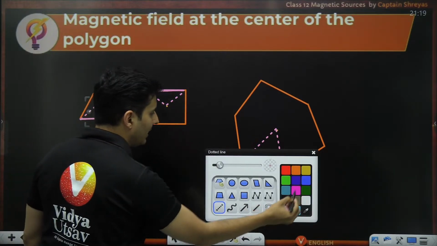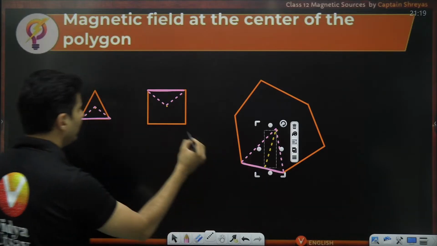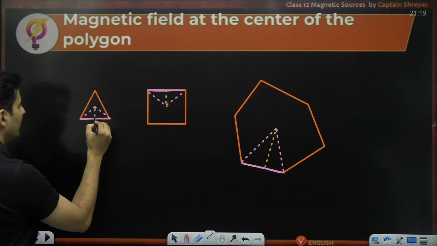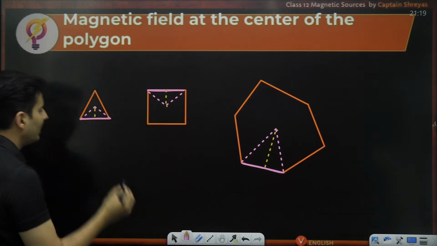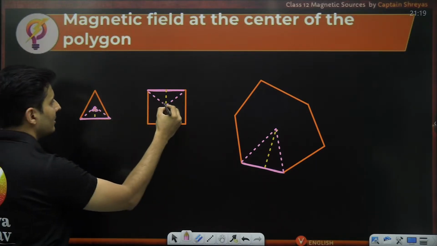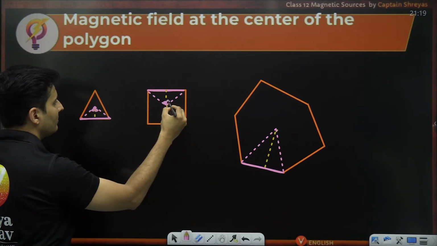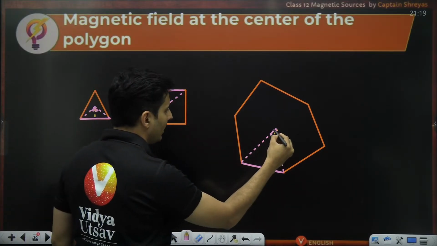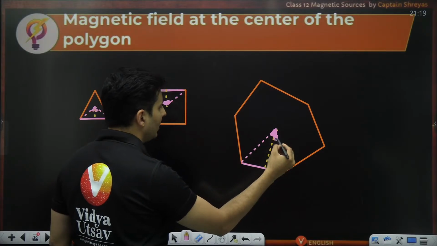Also drop the perpendicular distance. This is your perpendicular distance. Now you can clearly see that there is one alpha over here and one beta over here.